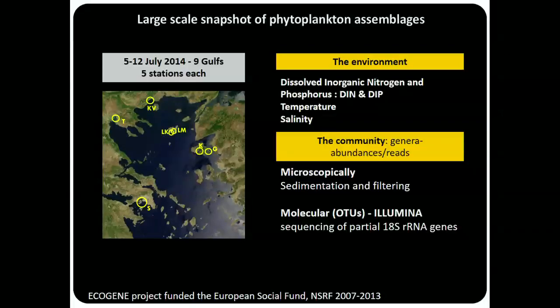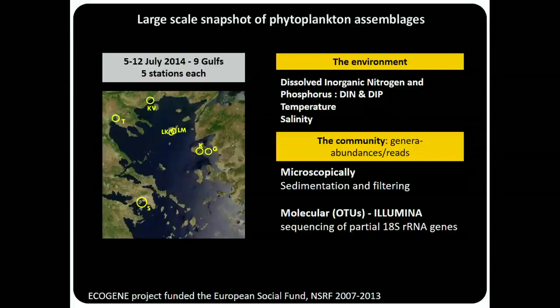molecularly. So in the microscopic observations, we used sedimentation and filtering, and we did a rigorous taxonomic analysis. But we also used Illumina sequencing of partial 18S rRNA genes. And then we assigned the operational taxonomic units to genera that are in GenBank at the 97% similarity level.